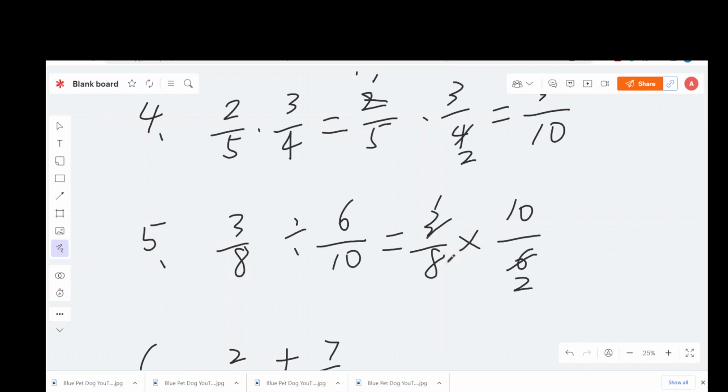Here divide by 2: first 10 divide 2 is 5, 8 divide 2 is 4. So now here is 5. Here 2 times 4 is 8. Okay, here 5 over 8 is a simplified fraction.